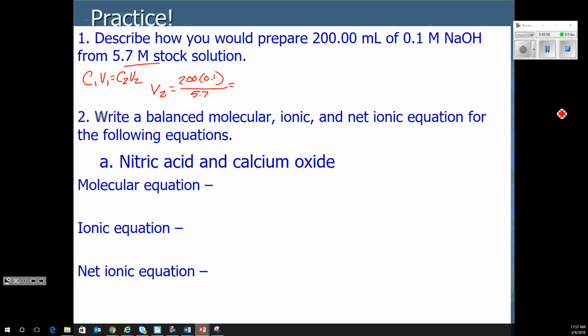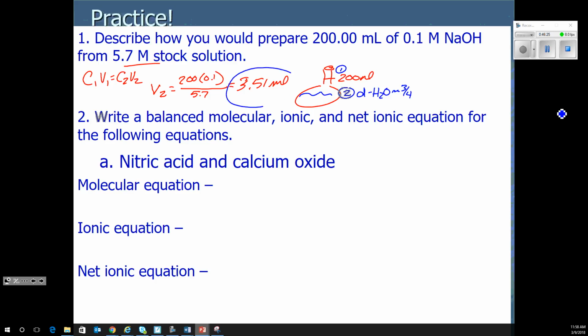Okay, what do we get for the volume? 3.55 milliliters. Okay, milliliters. So we're going to grab our volumetric flask. That's 200 milliliters, right? Then we're going to fill it with distilled H2O, about 3/4 full, right?